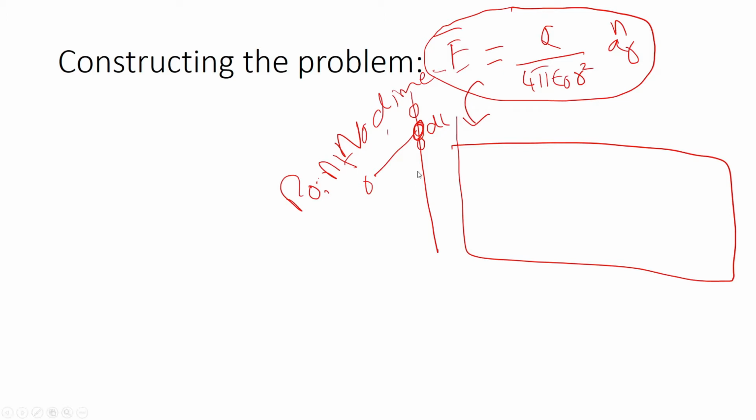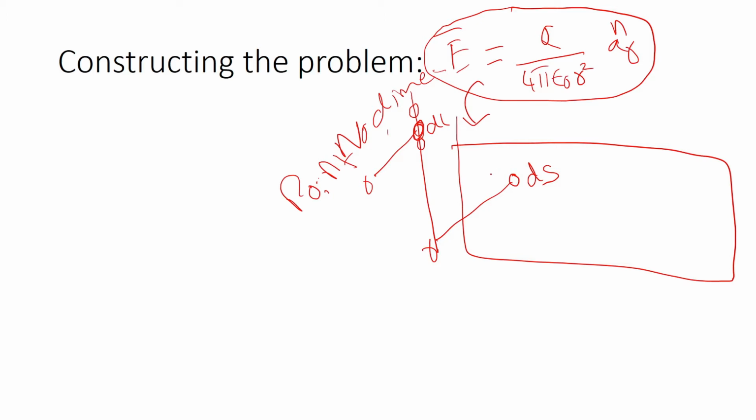Same thing if we do here: instead of this entire sheet, we consider an infinitesimal area ds. Now, the dimensions of this area are again negligible compared to the physical distance between the test point anywhere. Hence, this can also be considered as a point source.